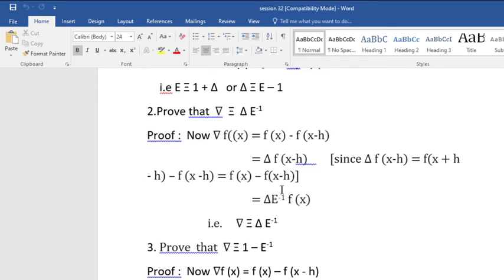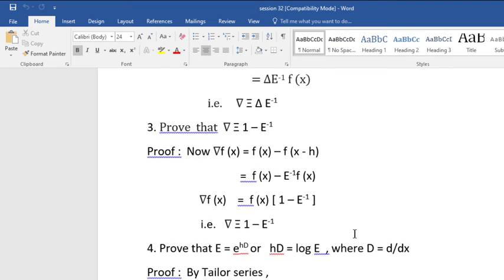So here again this forward difference we shall keep as it is, and f of (x minus h) we can write as E raised to minus 1 of f of x. So backward difference is equivalent to forward difference into E raised to minus 1.